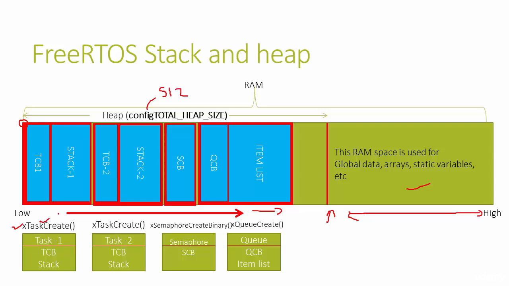So it looks like xTaskCreate may call a malloc inside it to get the memory from the heap. That means there must be some code which manages this heap memory, right? In the next slide, we'll explore how this heap memory management is done. In your PC programming, you know that it is managed by malloc and free, isn't it? Now let's see how it is done in FreeRTOS.